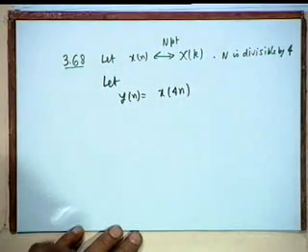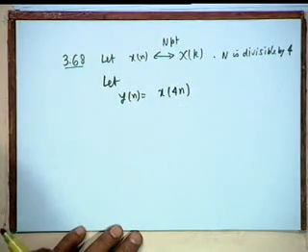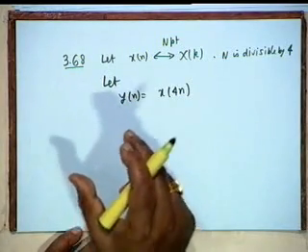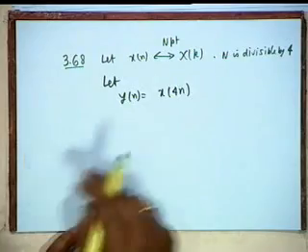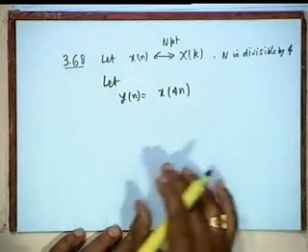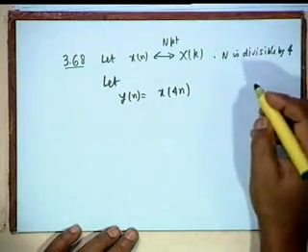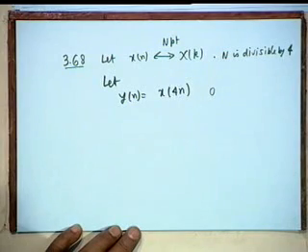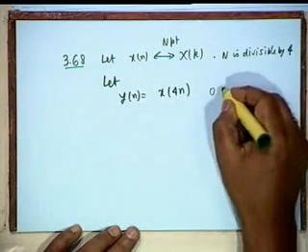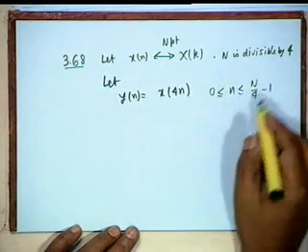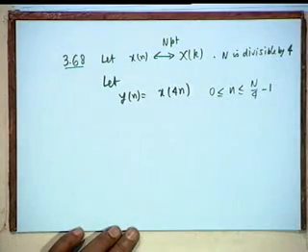This is a decimator. That is, you ignore the intermediate 3 samples. You take x of 0, x of 4, x of 8, and so on. You construct a new sequence x of 4n, where obviously the length is now reduced by a factor of 4, so 0 less than or equal to n less than or equal to N by 4 minus 1. That is why N was divisible by 4. Okay?